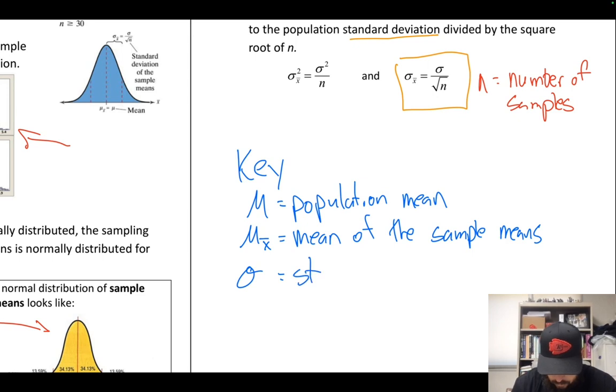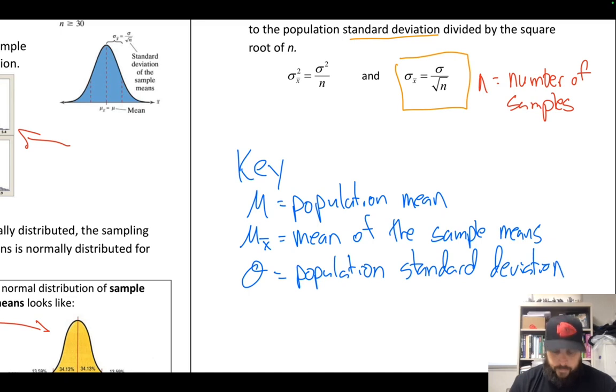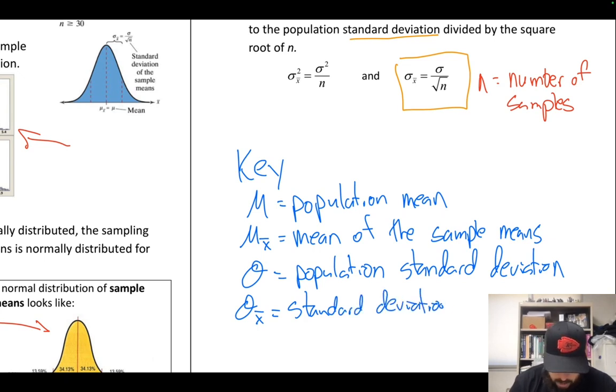We have sigma, the population standard deviation, and then sigma x bar, the standard deviation of the sample means.